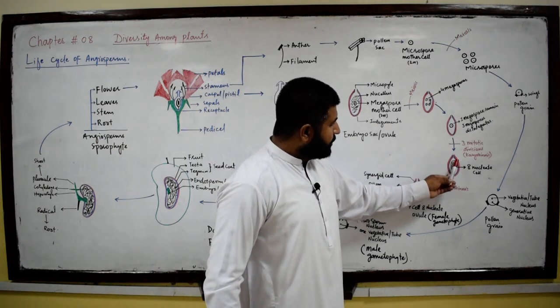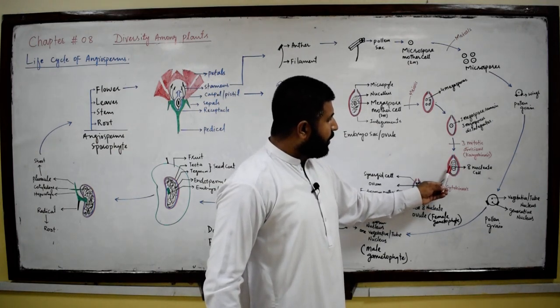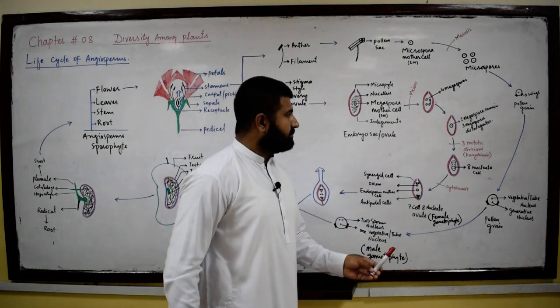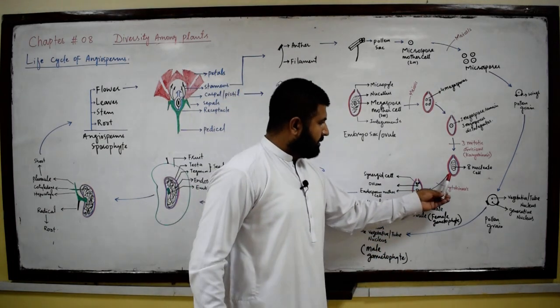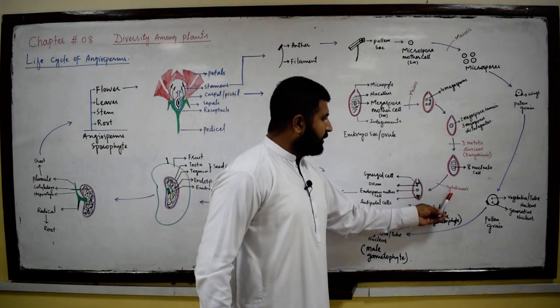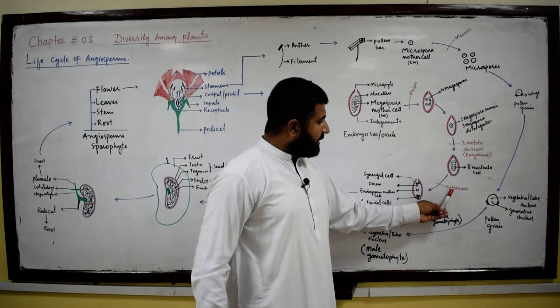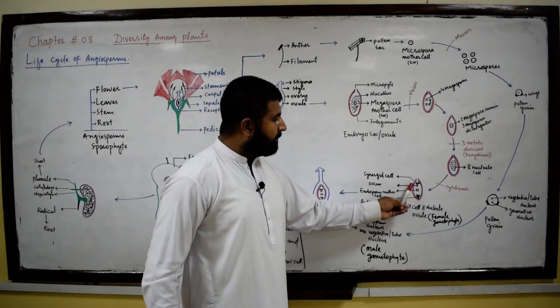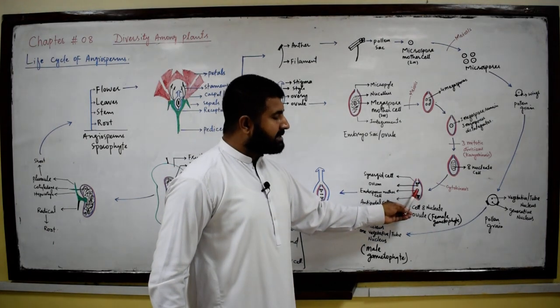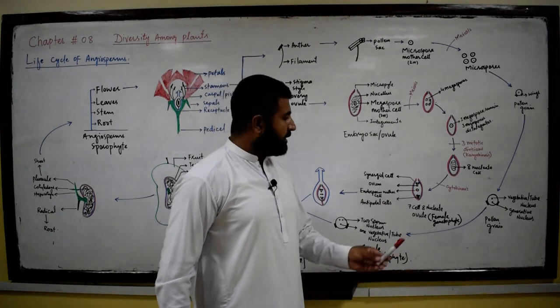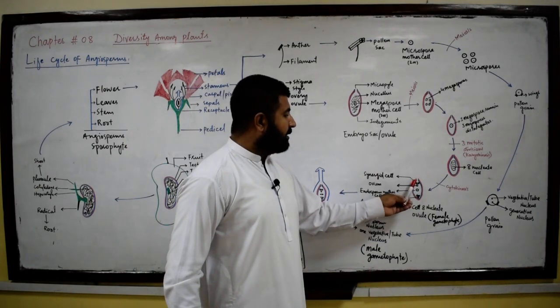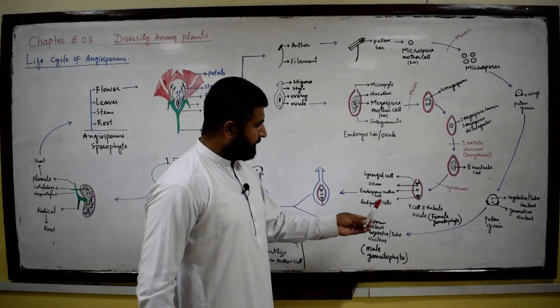This will produce 1 cell with 8 nuclei. After this, cytokinesis occurs. During cytokinesis, 7 cells are produced, in which one cell is 2 nucleate while the rest are 1 nucleate.